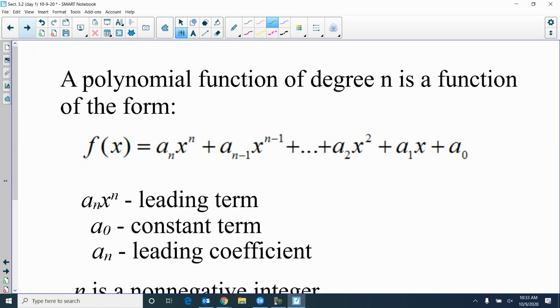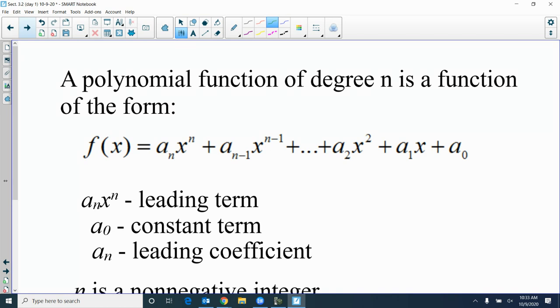Okay, if it's an 8, that's a 7. All the way down to a sub 0, which is just a constant. Okay, all this would be something like this. F of x equals 6x to the 5th minus 2x to the 4th plus 3x cubed minus 8x plus 7.